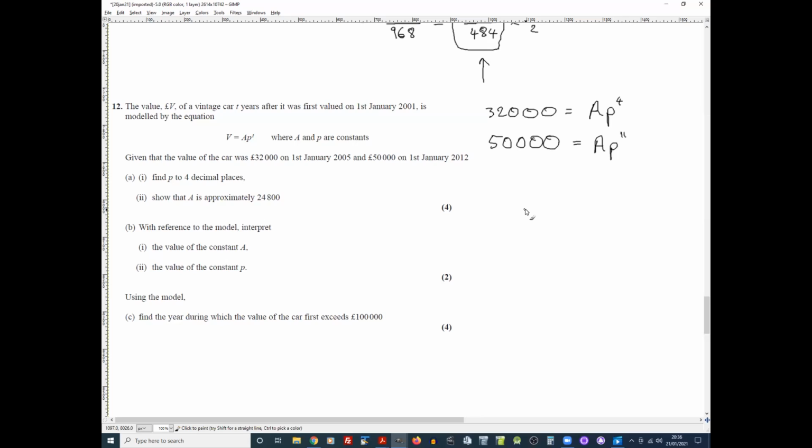It's fairly unusual to have a pair of simultaneous equations that aren't involving sums or differences. It is weird, but what we can do is divide one of them by the other, just like you might subtract one equation from another. So AP to the 11 over AP to the 4 would go to AP to the 7?